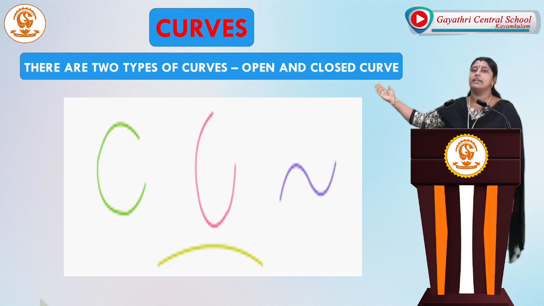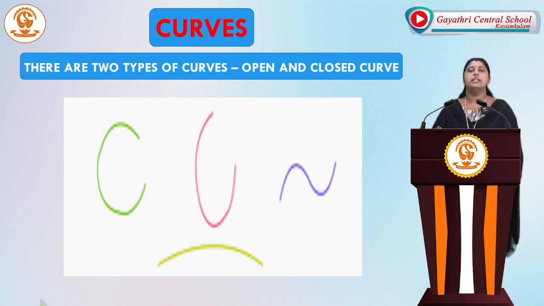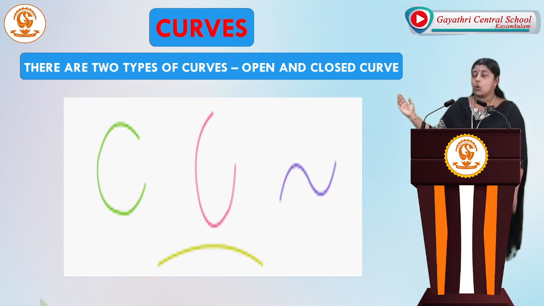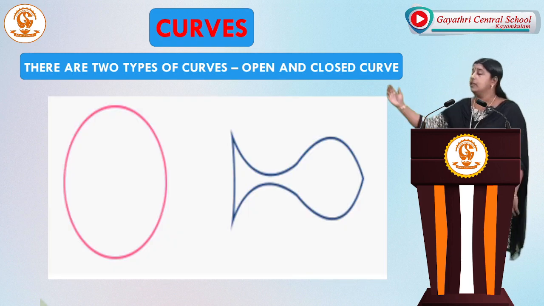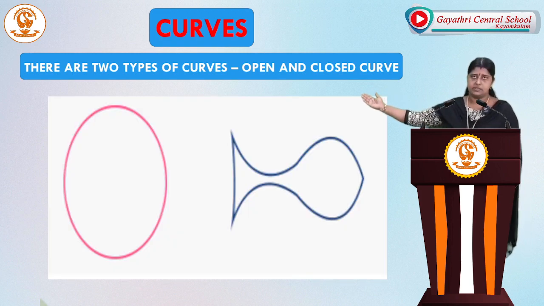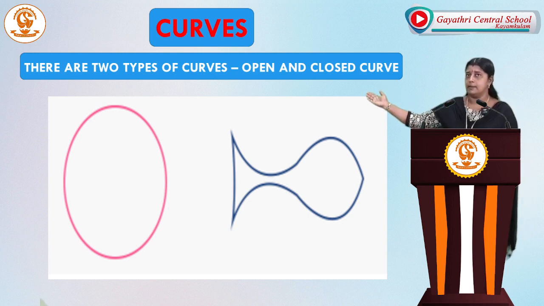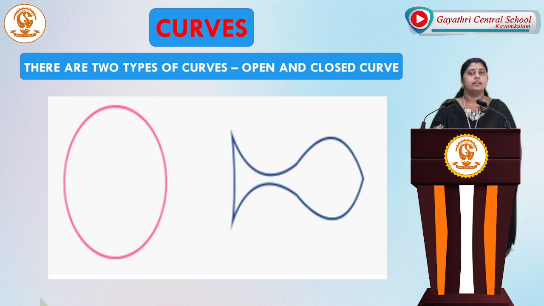In an open curve, there are endpoints, but in a closed curve, there are no endpoints. It encloses an area. So the two types of curves are open curve and closed curve.